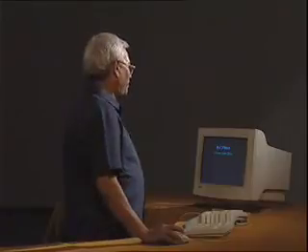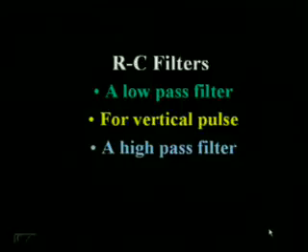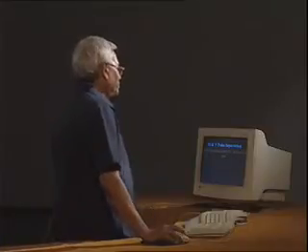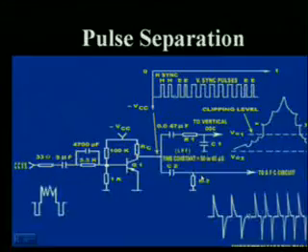An RC filter, what is this RC filter? A low pass filter to separate the vertical pulses, and a high pass filter to separate the horizontal pulses. The differentiated pulses are meant for the horizontal stage and the integrated pulses are meant for the vertical stage.